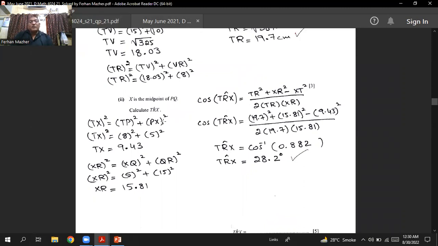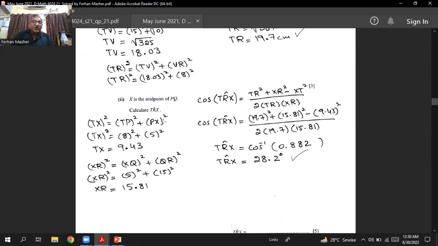Then I will apply the formula for the law of cosine, the cos of TRX. This is a three-sided triangle. I know all the sides, so very easily I can find the angle TRX. So it is TR square plus XR square minus XT square, the whole thing divided by 2 times TR times XR.